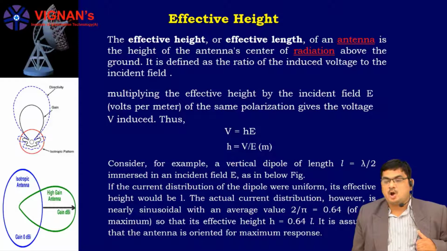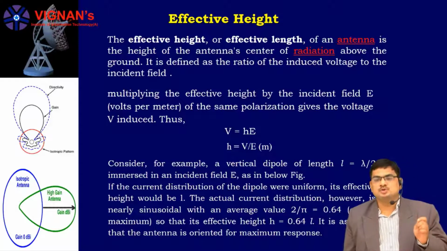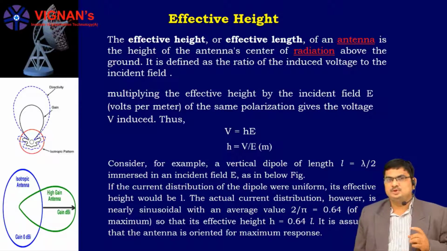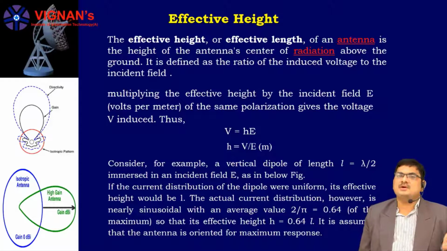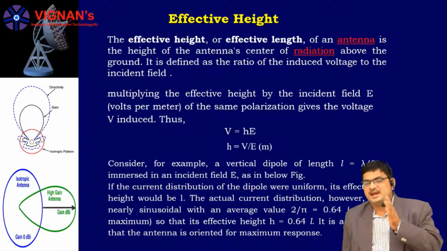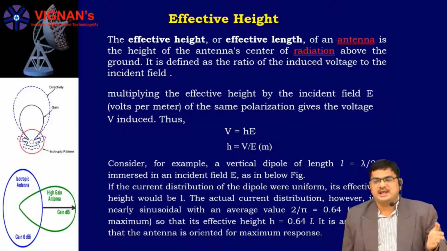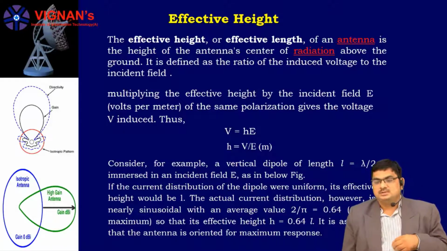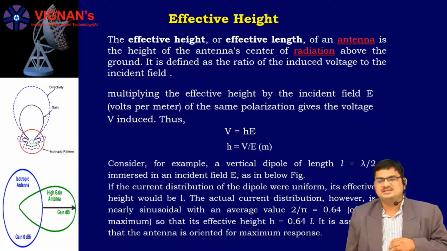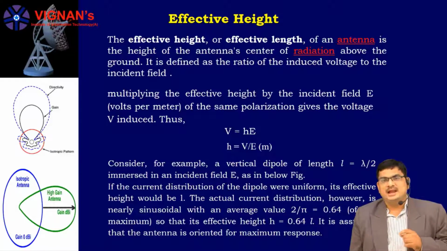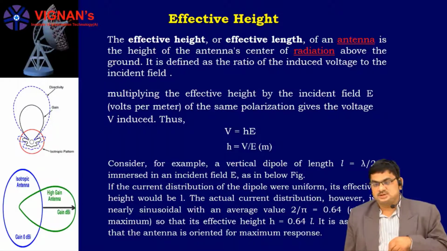It is also defined as the ratio of induced voltage to the incident field. If you multiply your effective height with the induced field E, then we can get the induced voltage V. So V is equal to HE into E, and HE, the effective height, is equal to V by E. That will be in meters.